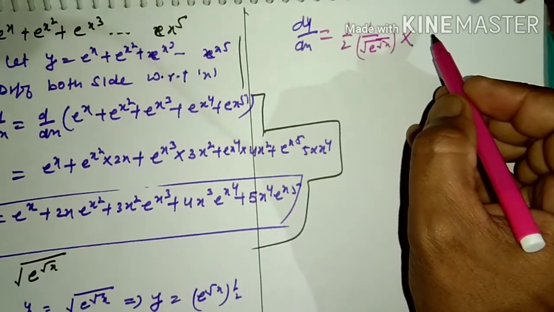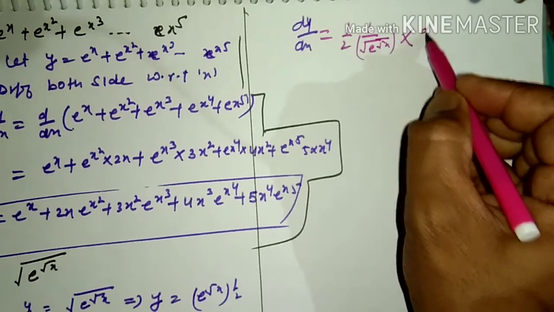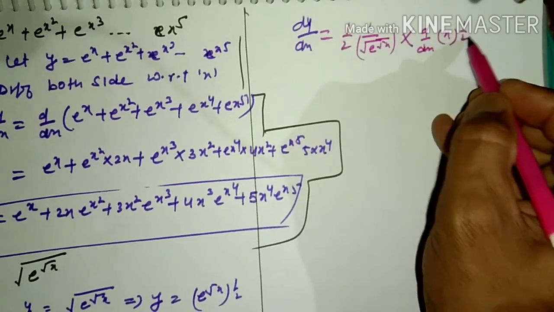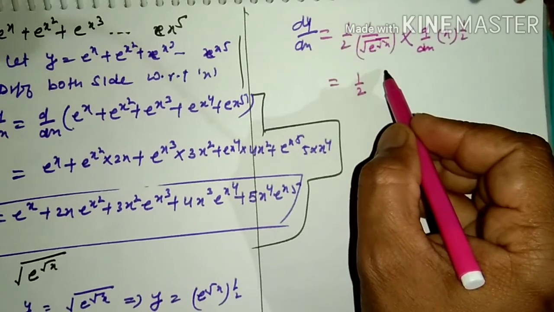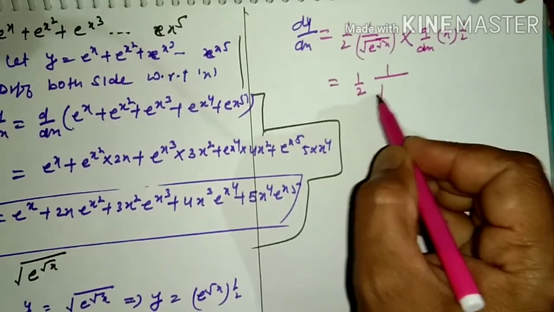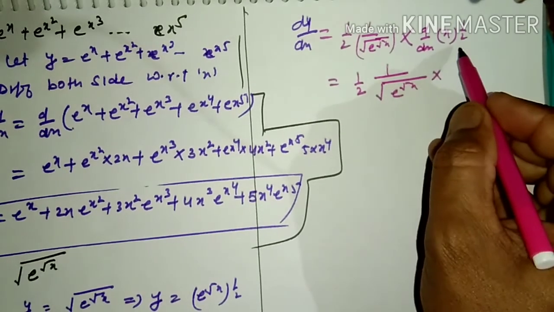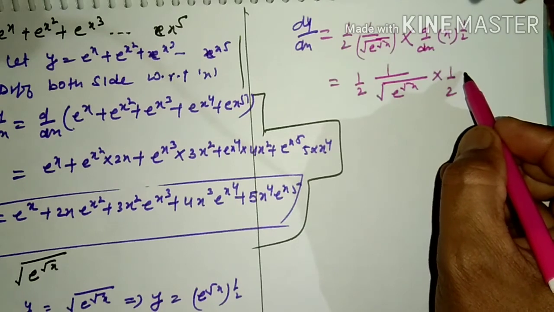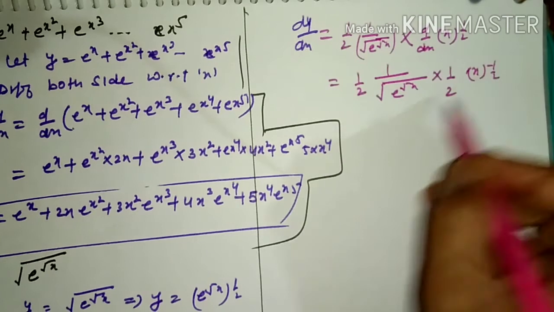And differentiation of root x is again we can write it as dy upon dx of x to the power 1 upon 2. Clear? 1 upon 2, 1 upon under root e to the power root x, and differentiation of this, root x is 1 upon 2 and power of this is x to the power again minus 1 upon 2.